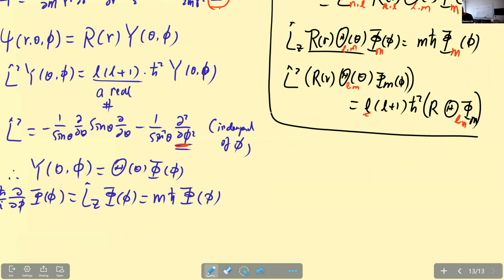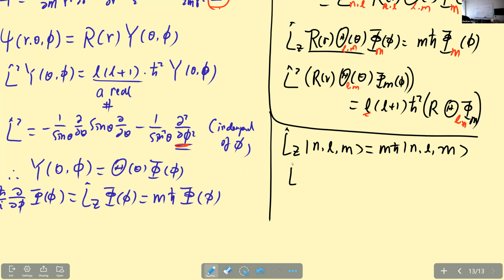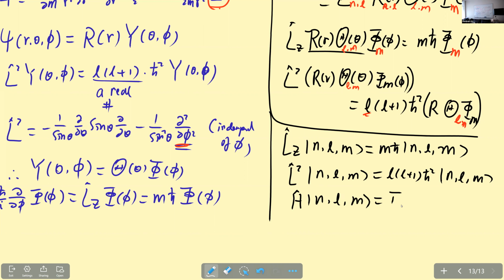But if we summarize here, this is quite clumsy. Let me just call this state n, l, m. It is an eigenstate of L_z: L_z on n l m equals m h bar times n l m. L squared on n l m equals l times l plus 1, h bar squared, times n l m. And the Hamiltonian on this one equals the energy times n l m.